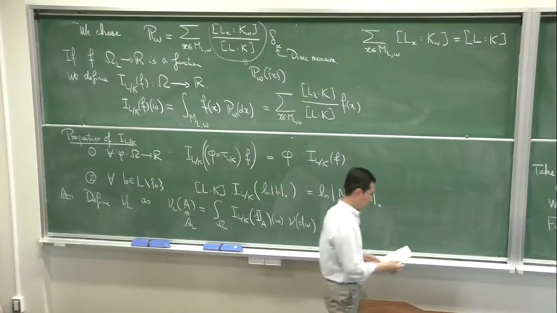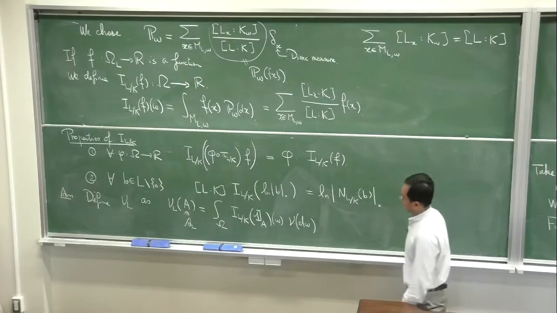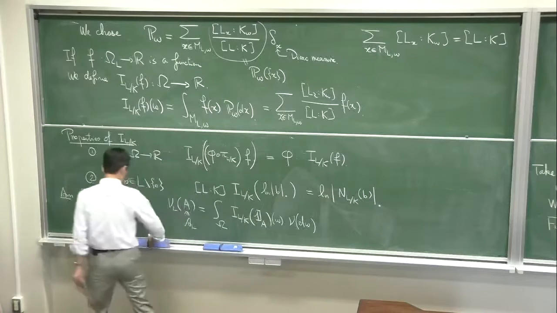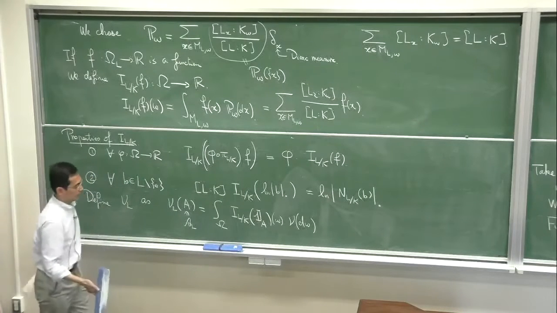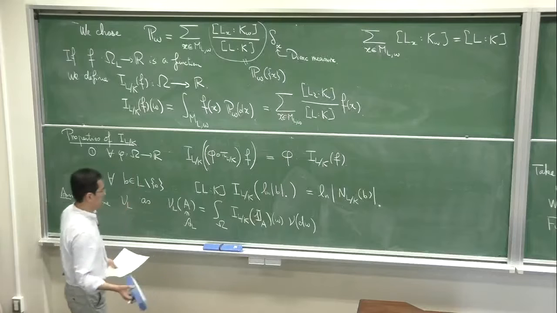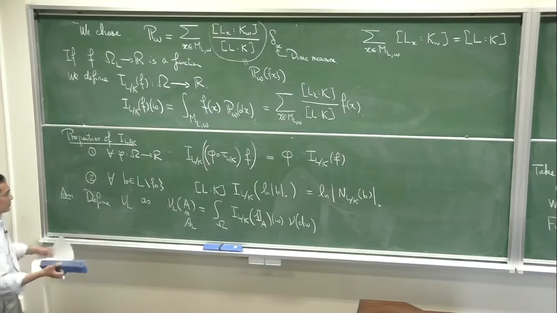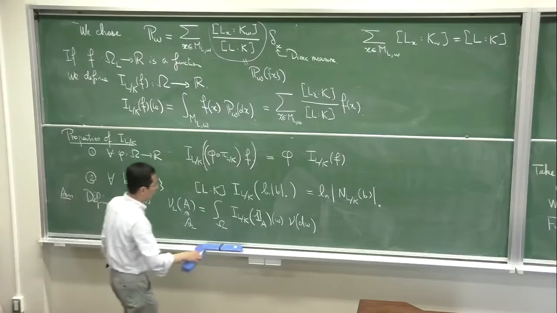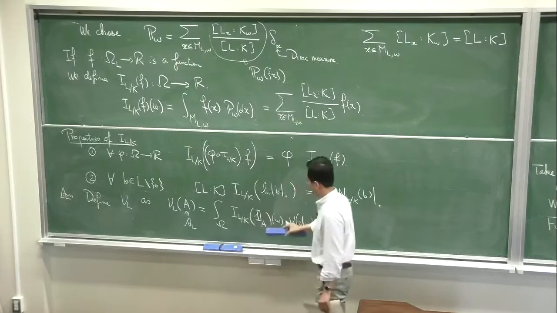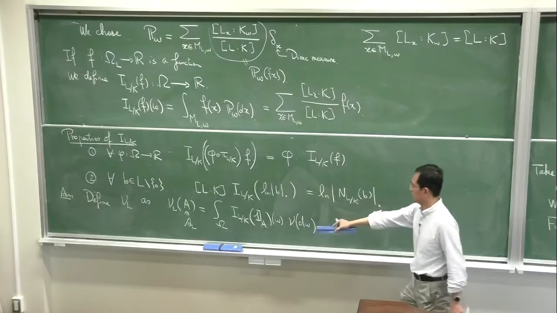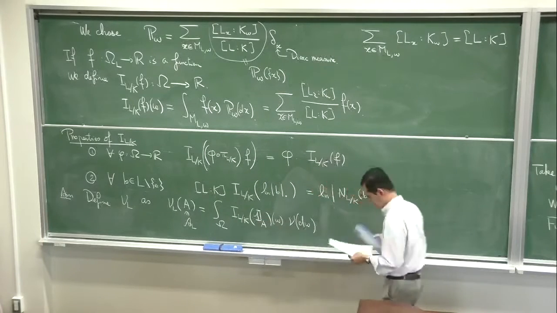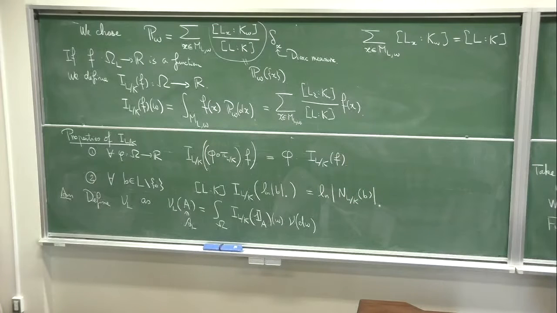So you will not have the expected properties like sigma additivity. For having good properties to define a measure, you need this function to be measurable. That is the main purpose of the following theorem.